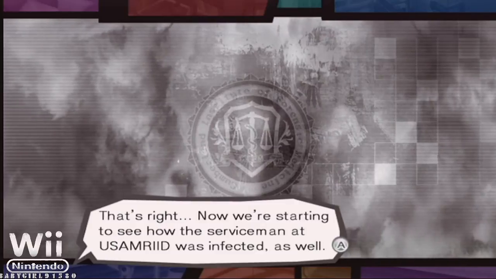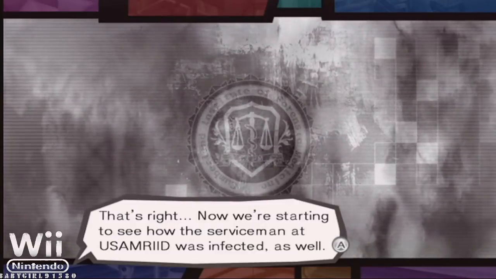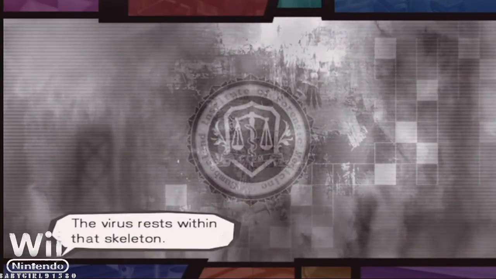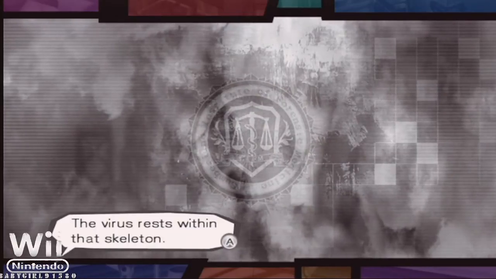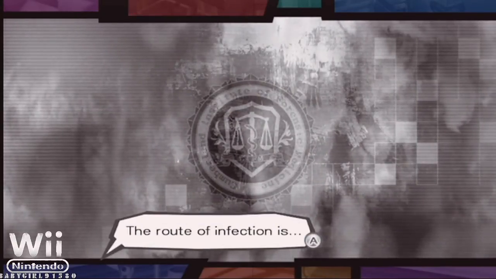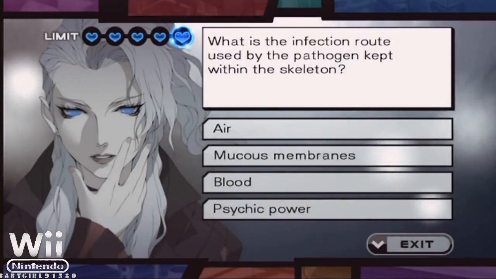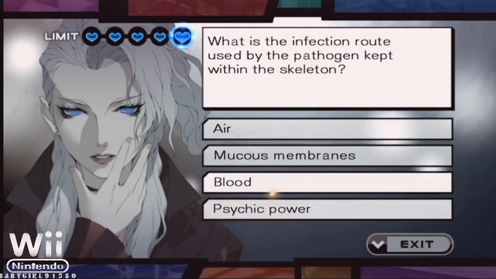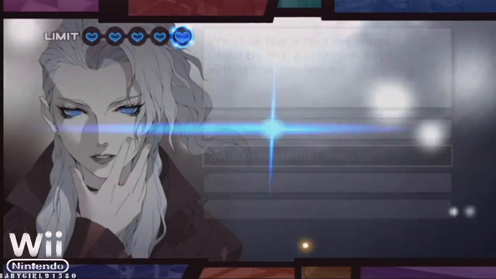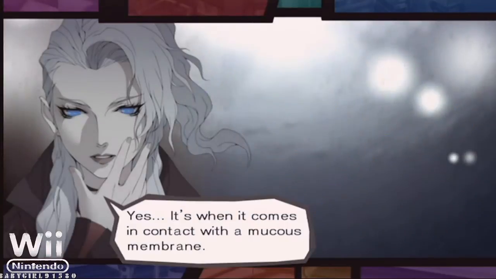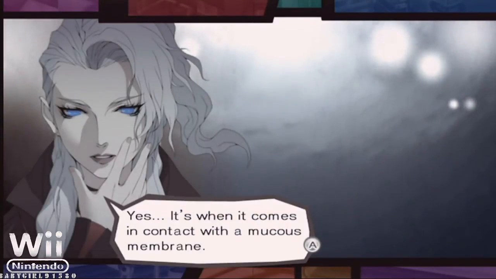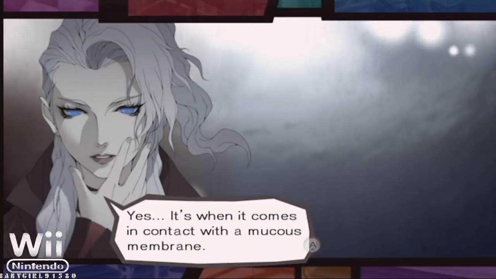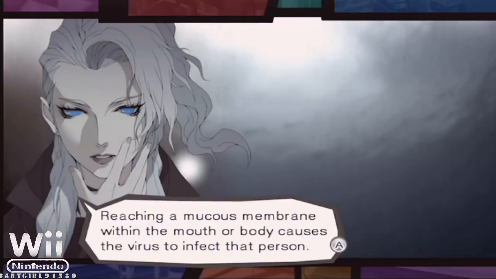That's right. Now we're starting to see how the serviceman at Usamarad was infected as well. The virus rests within that skeleton. The route of infection is... Yes, it's when it comes in contact with a mucous membrane. Reaching a mucous membrane within the mouth or body causes the virus to infect that person.